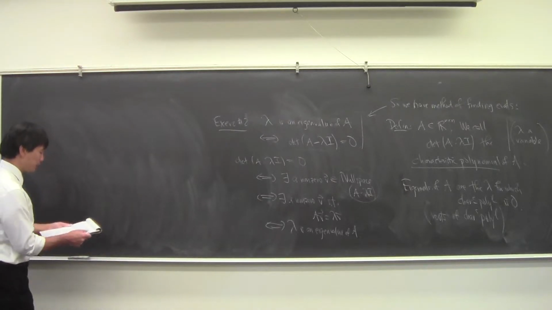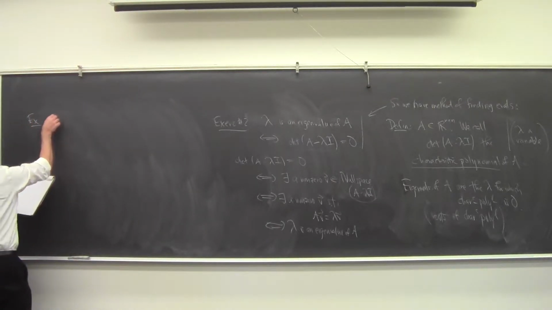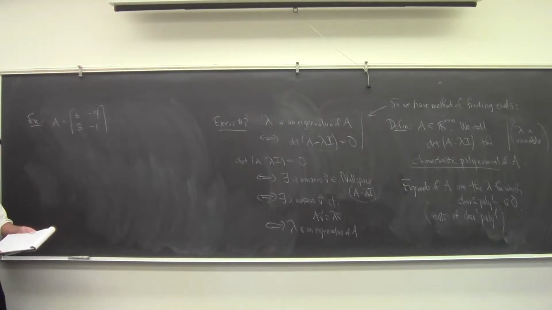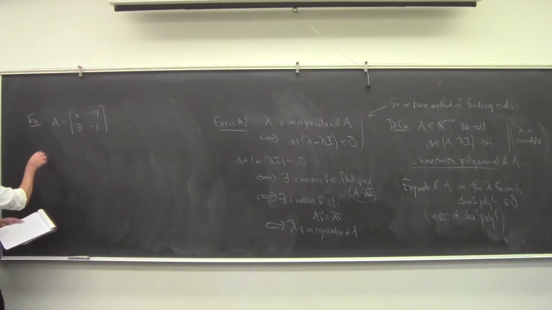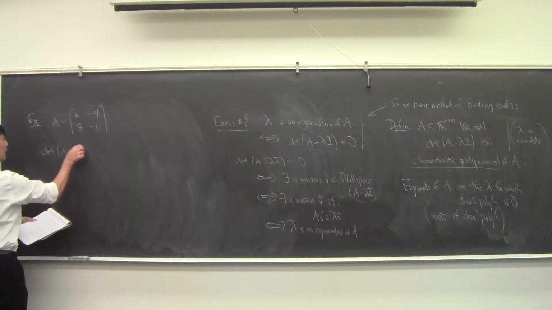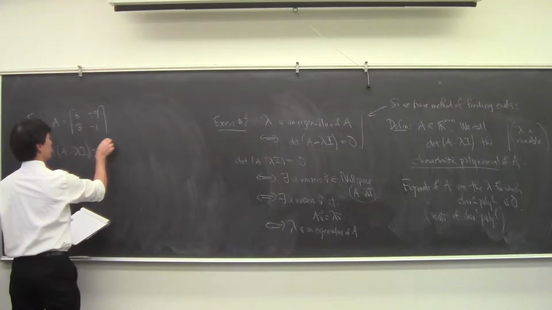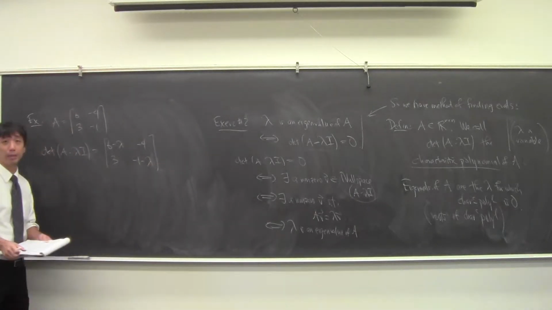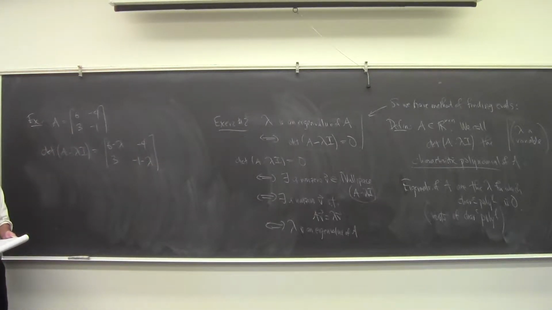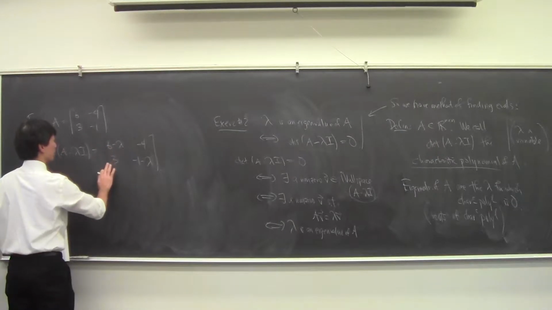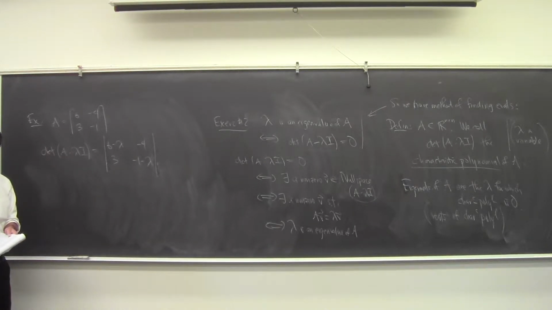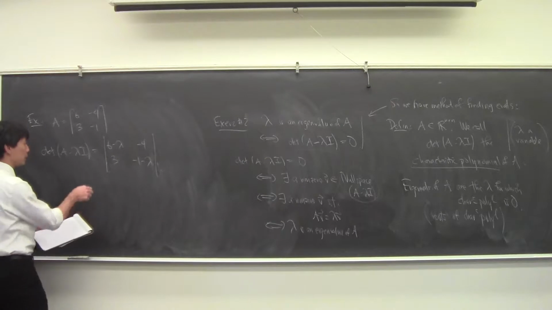Okay, so just to give you a simple example, if I give you the matrix 6, -4, 3, -1, then the characteristic polynomial would be the determinant of A minus lambda I. That's the determinant of the matrix with 6 minus lambda, -4, 3, -1 minus lambda.